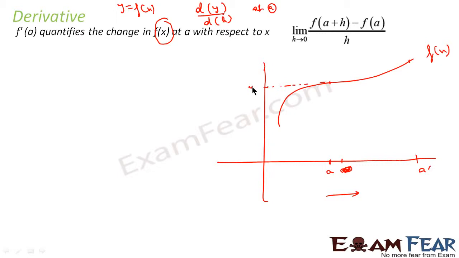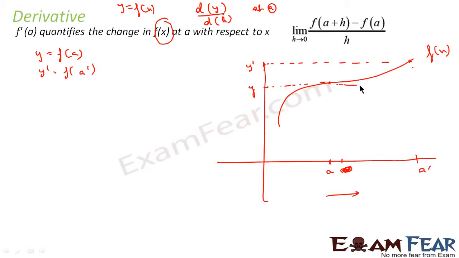Let's suppose this is y, and f of a dash, this is a dash actually, is nothing but this value. We'll take this one as y dash. So we can say that y is nothing but f of a here in this equation, and y dash is nothing but f of a dash.